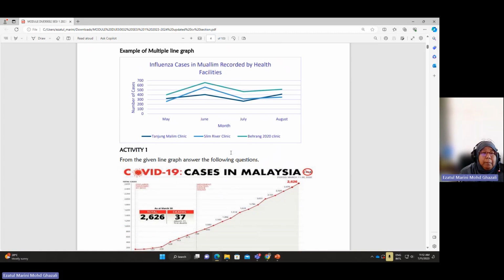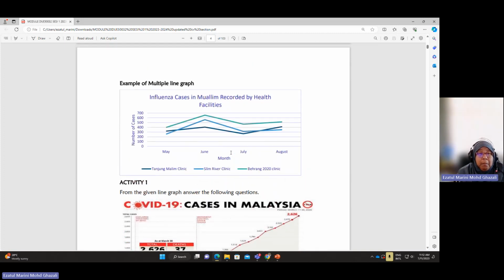This is an example of multiple line graph where you can have several lines in the same graph. Look at the title. The title of this line graph is Influenza Cases in Muallim Recorded by Health Facility. Health facility means center or premise that takes care of the health.